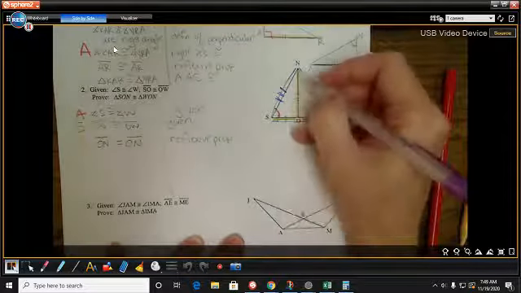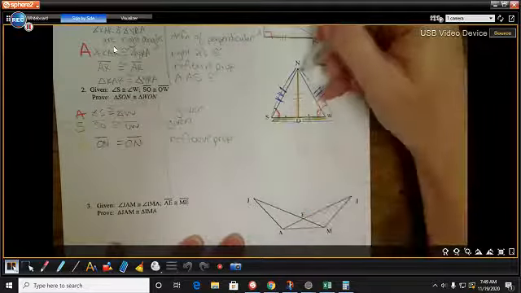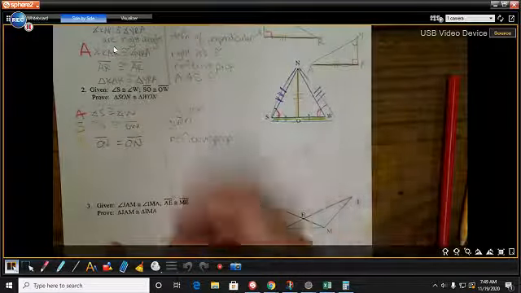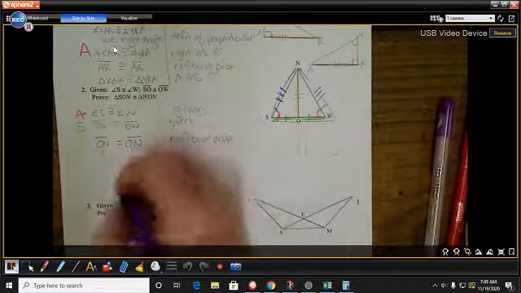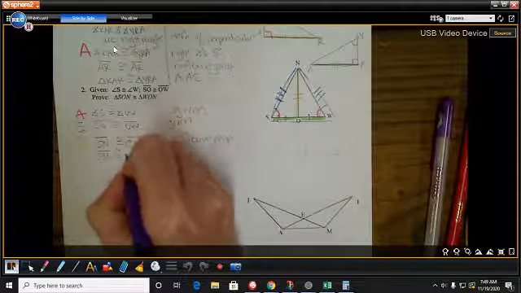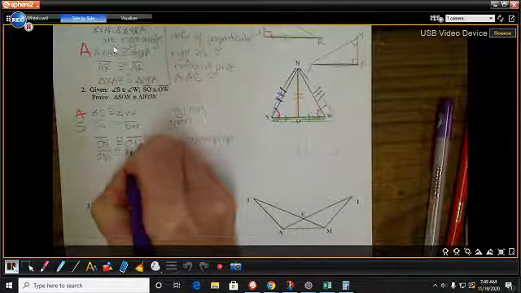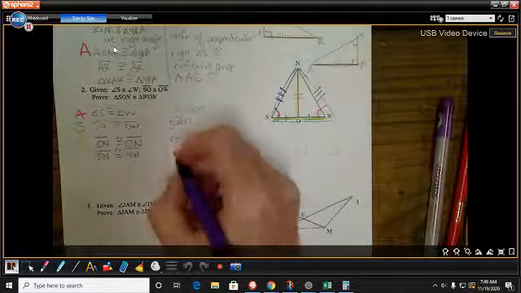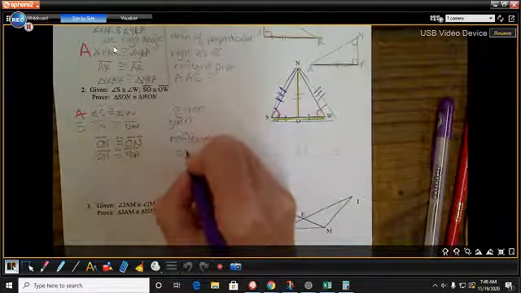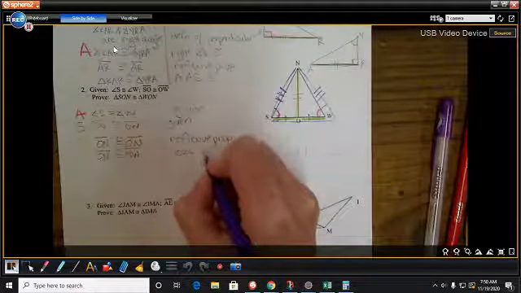So actually, this SN and NW are congruent to each other. So I'm going to come down here into my proof and say SN is congruent to NW. And I know that because it's an isosceles triangle, has base angles congruent.